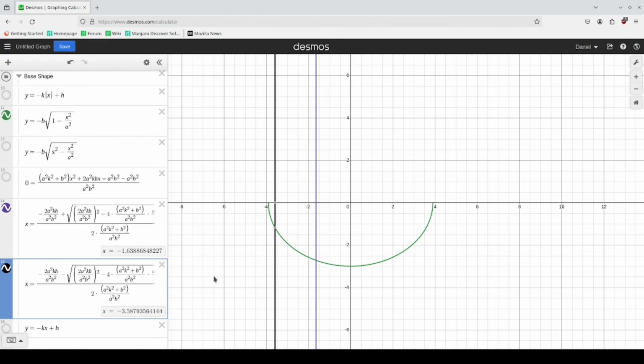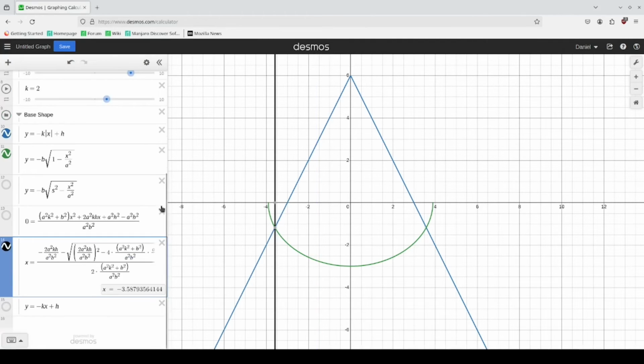All right. So evidently, it's this black line here that we want to simplify. And so I don't want to see this purple line ever again. And neither do I want to deal with this.